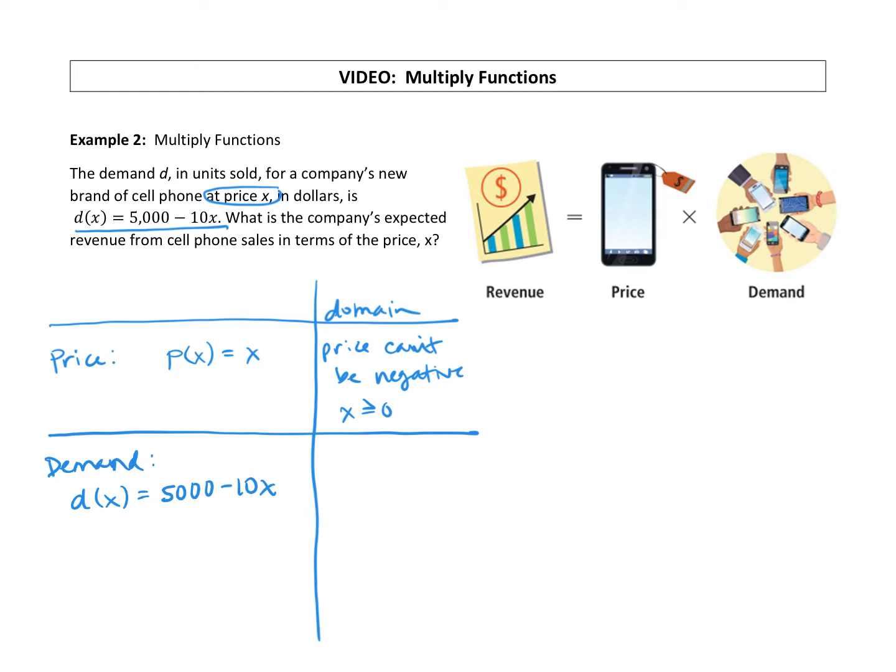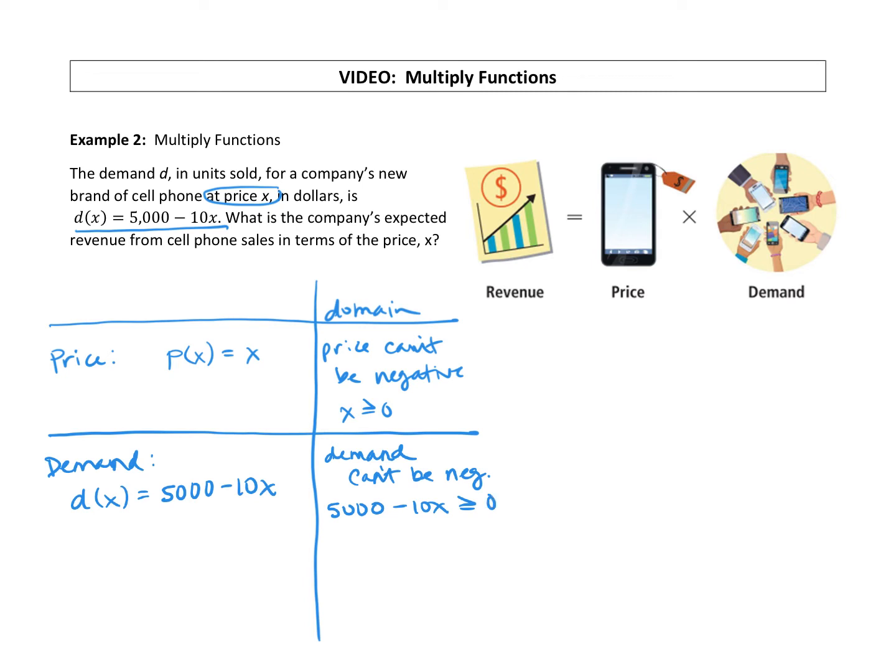So let's just make a note that the demand can't be negative, just like the price can't be negative. And our demand is 5,000 minus 10x. If that can't be negative, it has to be greater than or equal to 0.